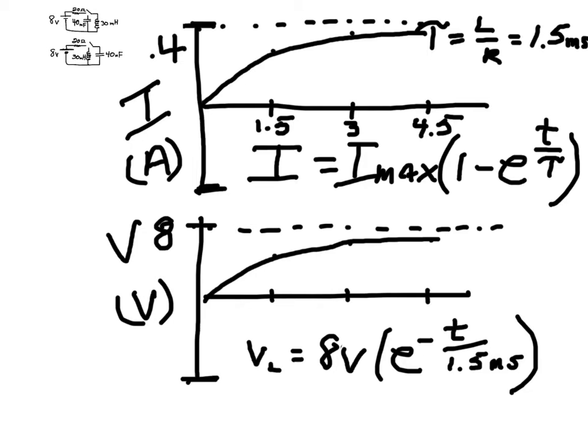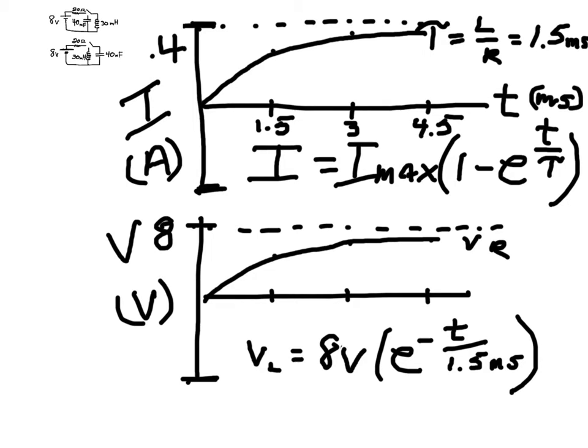I noticed I left one important thing out, and that's labeling this axis time in milliseconds. So make sure you have that label. Okay, so we showed this. This graph is our VR, and of course the VL, the voltage across the inductor, does the opposite thing.